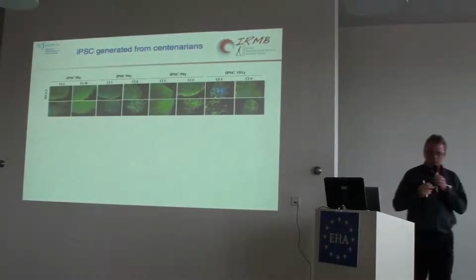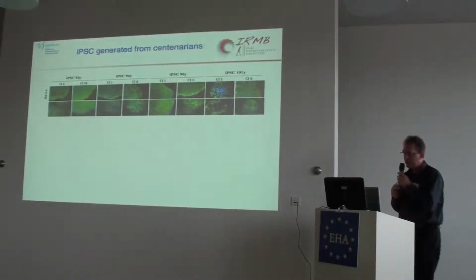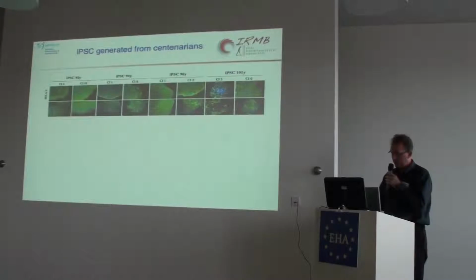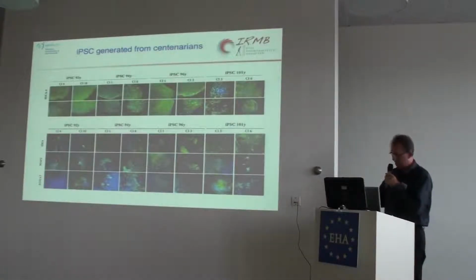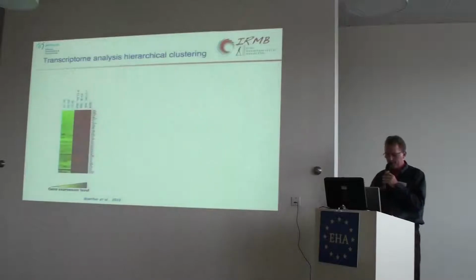And then we tried to reprogram very old patients, centenarians, and we observed a similar efficiency as for senescent cells. With these patients, they re-expressed cell surface markers and also differentiated into any kind of the three germ layers of the body.